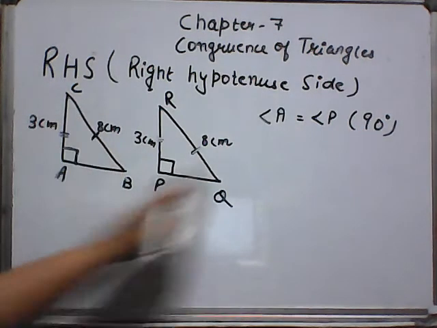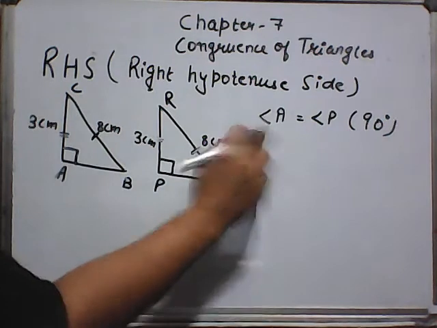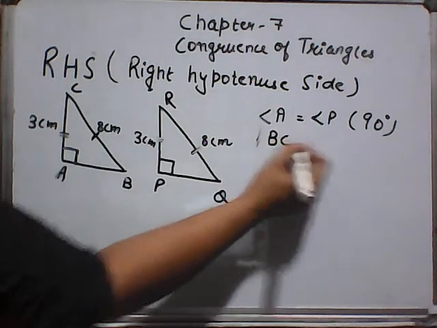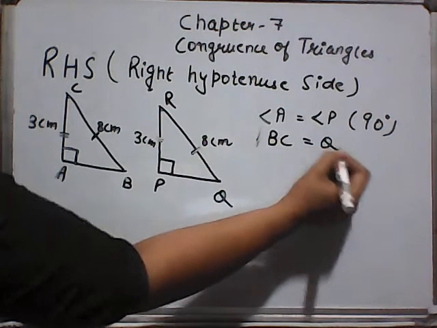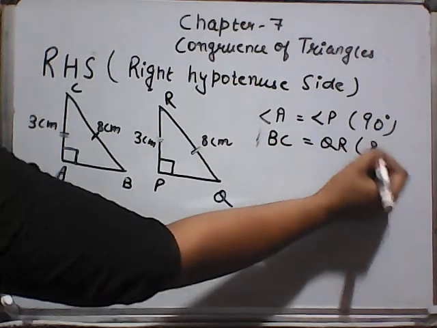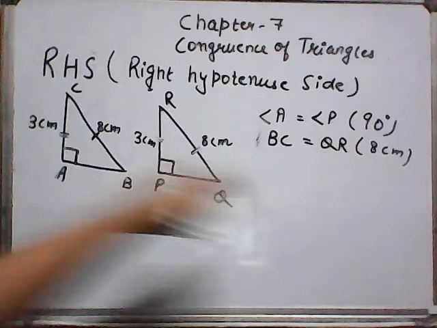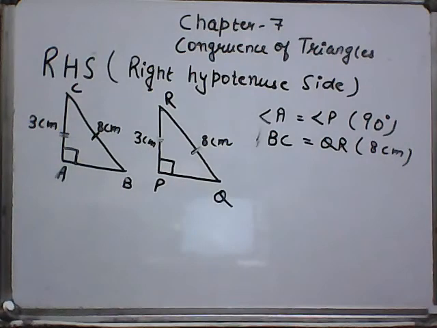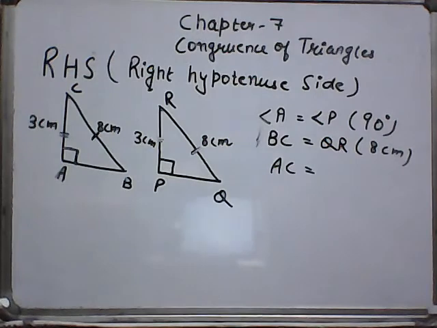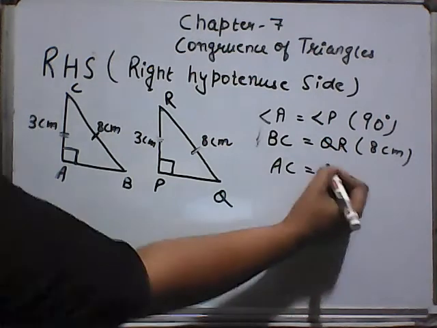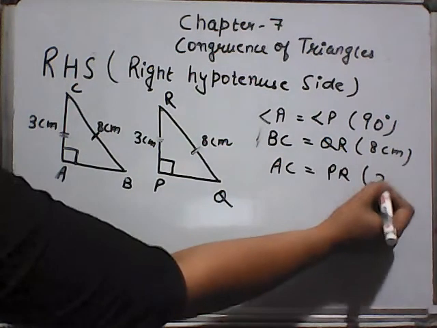Here hypotenuse BC is equal to the hypotenuse of the other triangle, QR. Both are equal to 8 centimeter. Next condition, you have to check the side. Here AC side is equal to PR. Both are equal to 3 centimeter.